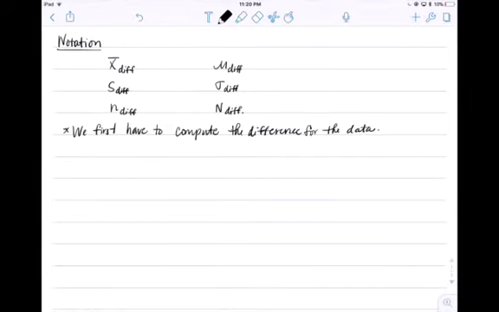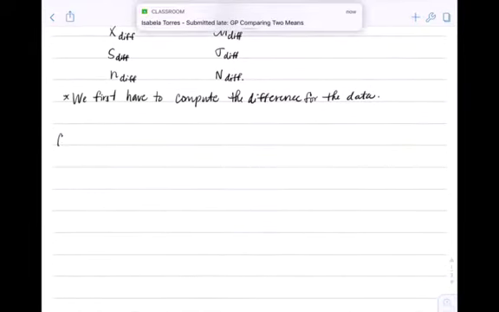Now, there are some cases where the difference is given to you, so they'll tell you the sample mean difference, the sample standard deviation of the difference, or the sample size of the difference. But there are other times where you're going to be given data and you have to actually compute the difference, and I'm going to show you how to do that on the calculator as well. Okay, so let's go ahead and look at the conditions.